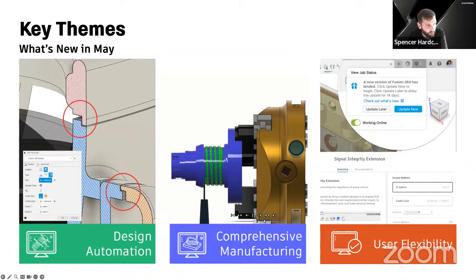We start with the theme of automation. You can talk about automation in a variety of different ways, and one of those ways is as simple as leveraging something like an API. In the previous release, the March release, we opened up the API for the manufacturing workspace, exposing 70% of the user interface within that API, so you can start creating macros and add-ins to automate some of those workflows.